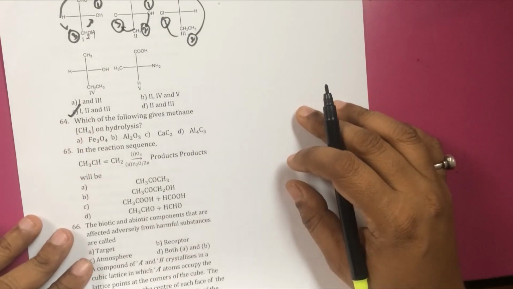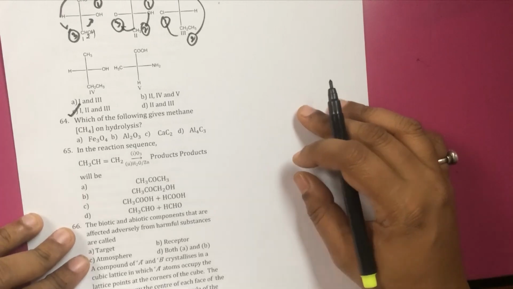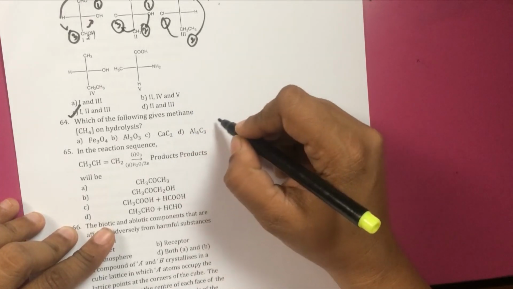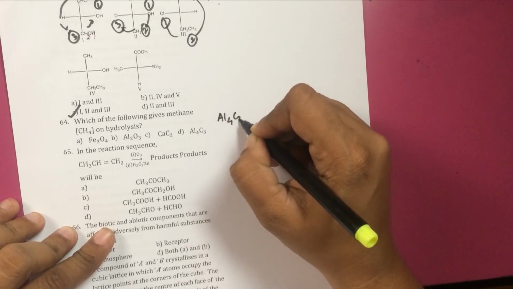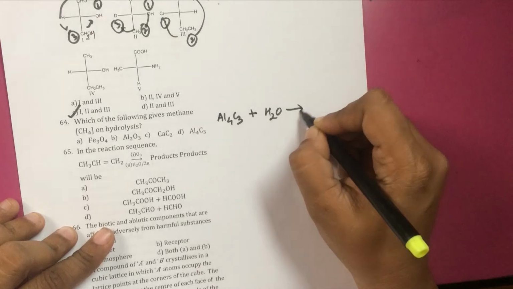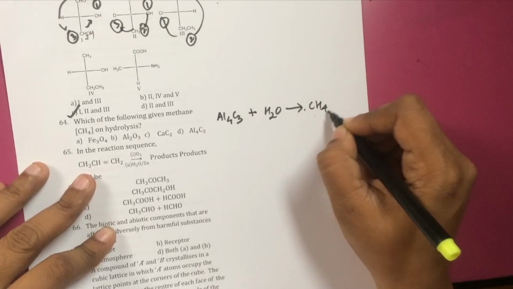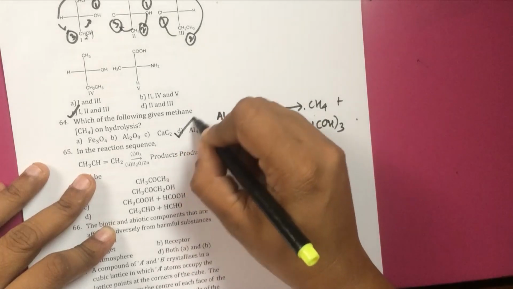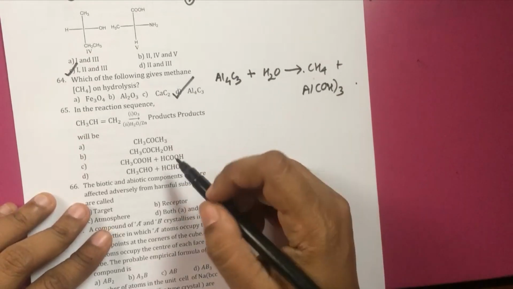Question number 64. Which of the following gives methane on hydrolysis? If you look at the options, Al4C3. On reaction with water or steam, this gives formation of methane along with aluminium hydroxide. Therefore, option D. Question number 65.